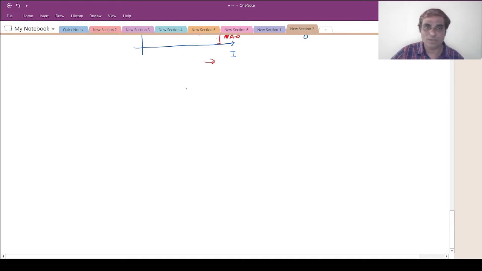For that, let me draw the practical voltage source like this with value E. There will be some internal resistance R, and these are the output terminals of the battery. And to this, through a switch, I am connecting the load resistance like this.